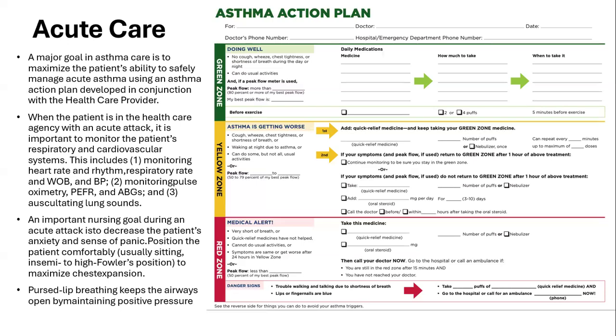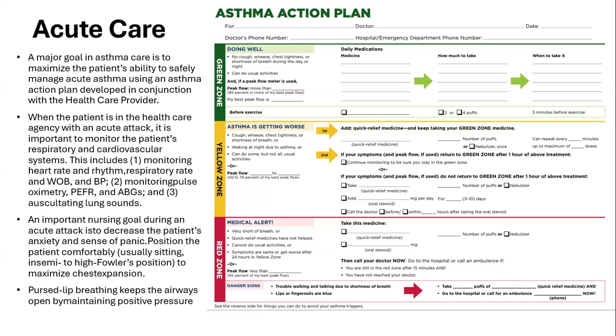And if they get into an episode of asthma, they need to know whether the asthma is getting worse or not, and also what kind of quick relief medicine the physician gave them, and what they can do to minimize the symptoms.